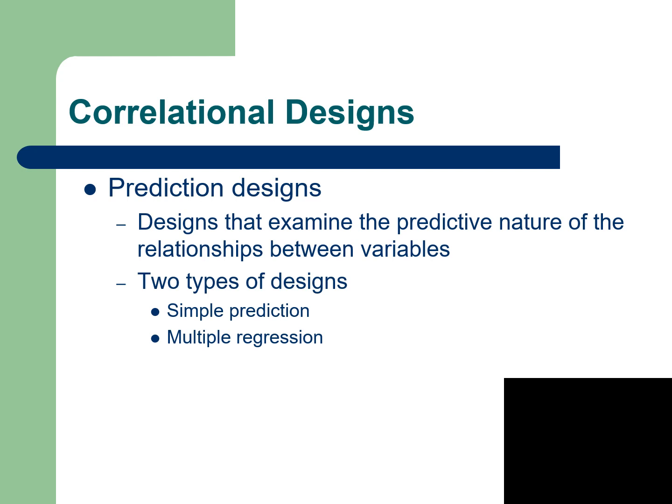Prediction design, whereas we are going to predict the value of y by using the value of x. If we have one x and one y, this means we are talking about simple regression. Whereas if we talk about more than one x with one y or more, we are talking about multiple regression.